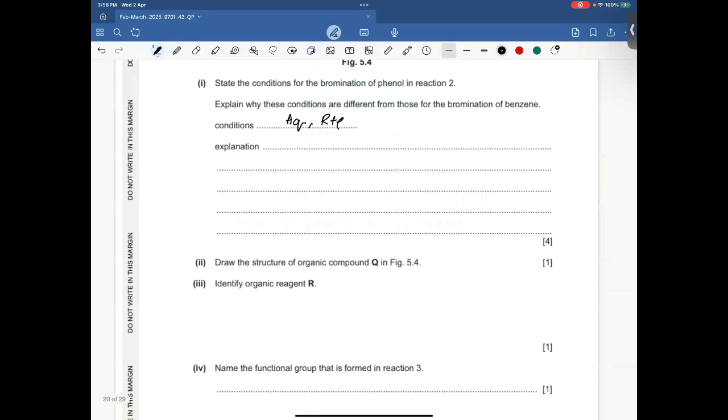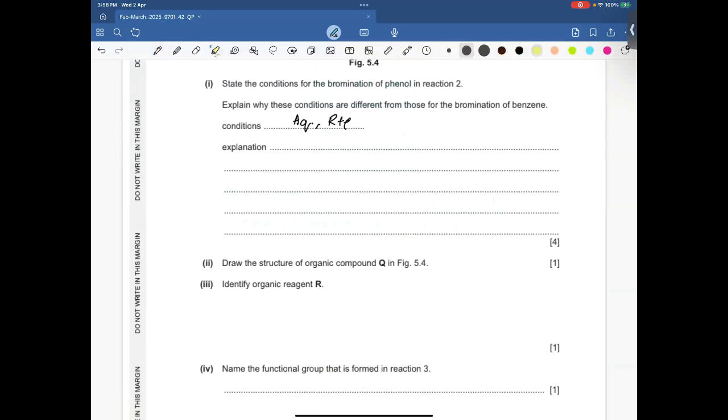Explanation. Well, let me read the question first. Explain why these conditions are different from those for the bromination of benzene.